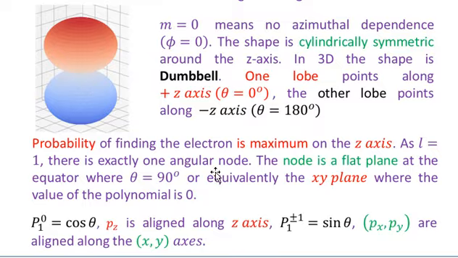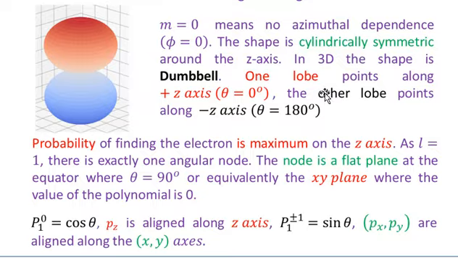So there is exactly one angular node, and the node is a flat plane at the equator where theta is equal to 90 degrees, or you can say theta is equal to 270 degrees, or equivalently the xy plane. So the xy plane is actually a nodal plane which passes through the middle of this dumbbell, where the value of the polynomial is 0. And you know that in the center, at z is equal to 0, the value of the polynomial is 0.